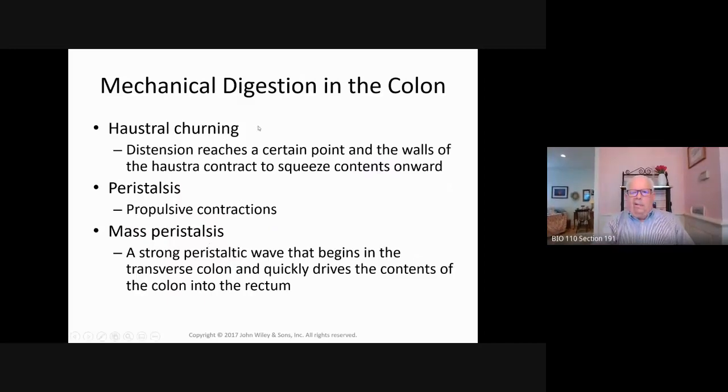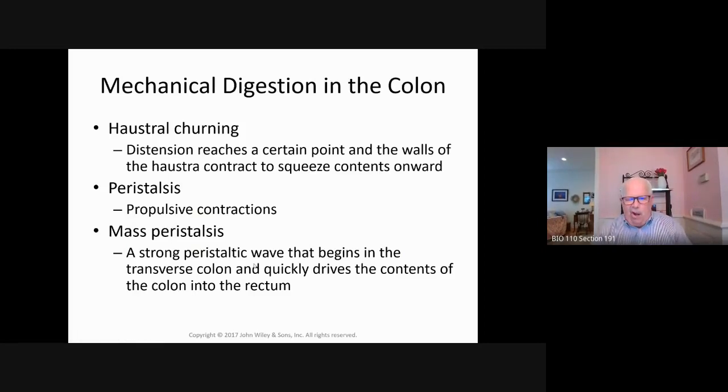So in the colon, the mechanical digestion is because of haustra. And then you have peristalsis, and then you have what's called mass peristalsis. Mass peristalsis is when you have the urge to defecate.